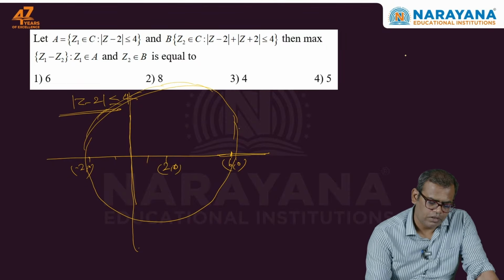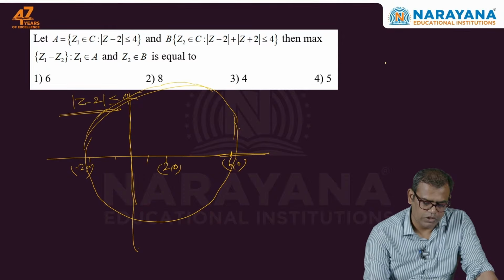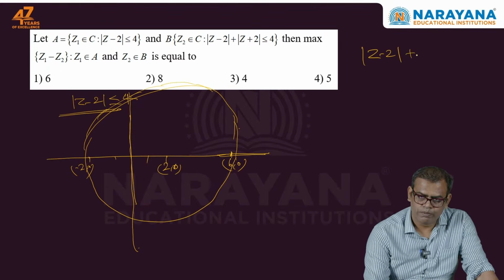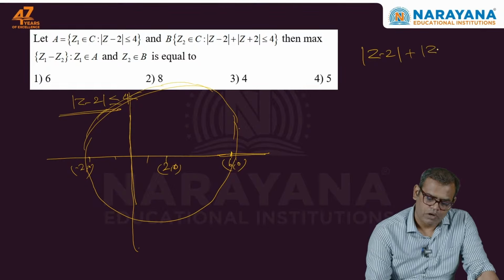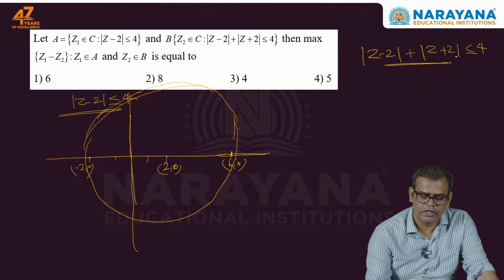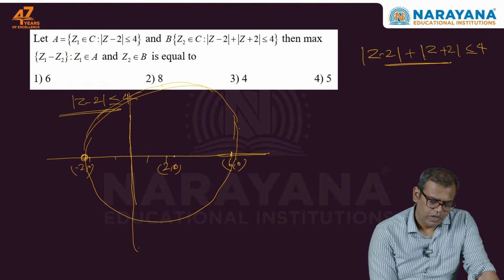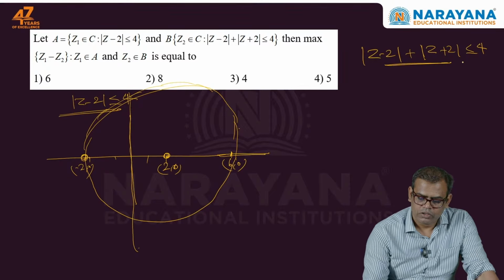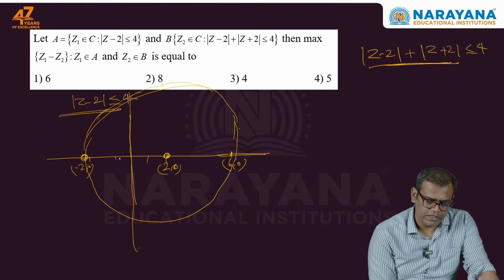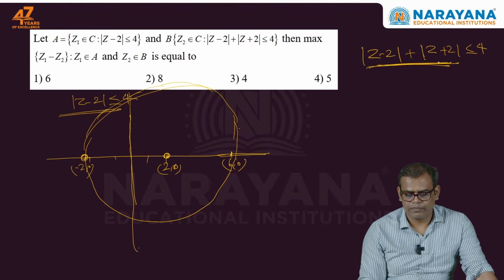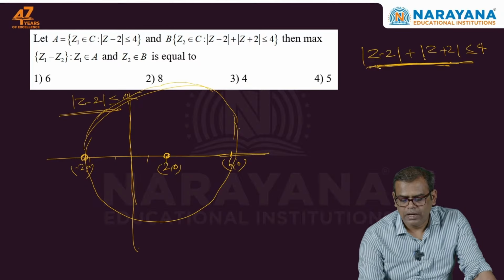Another set B, right? In this set, Z2 belongs to it: modulus of Z minus 2 plus modulus of Z plus 2 is less than or equal to 4, right? So minus 2 comma 0 is this point, and 2 comma 0 is this point. If you take Z anywhere in the plane, the sum of these two distances is at minimum 4, and it is saying less than or equal to 4.